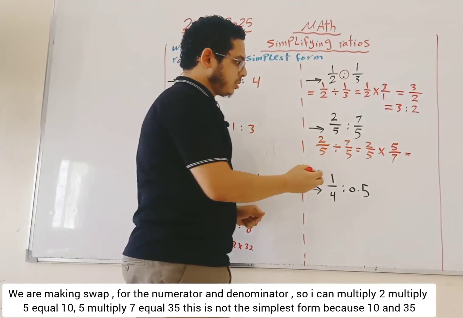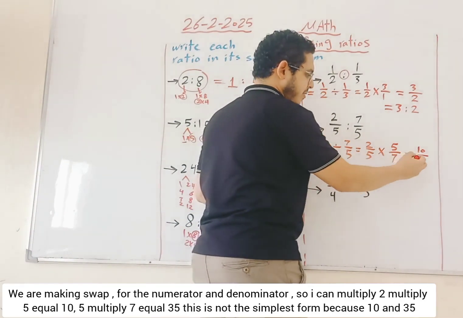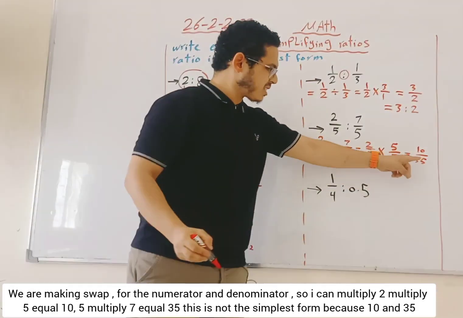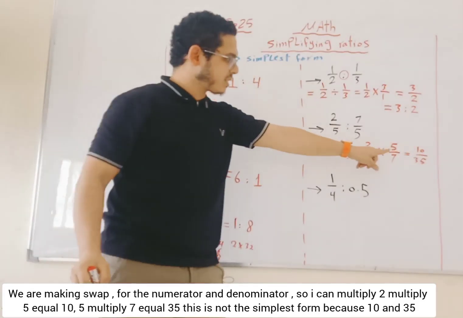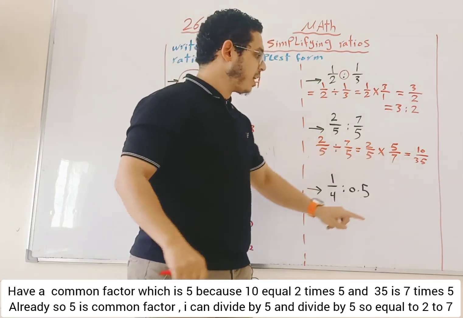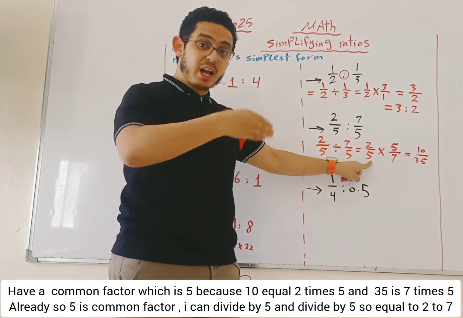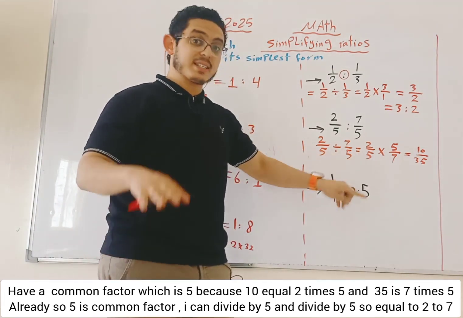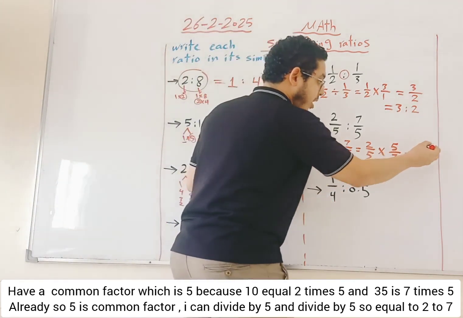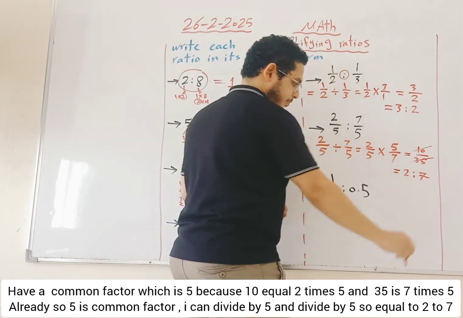So I can multiply 2 times 5 equals 10, 5 times 7 equals 35, but this is not the simplest form, because 10 and 35 have a common factor, which is 5, because 10 equals 2 times 5 and 35 is 7 times 5 already. So 5 is a common factor. I can divide both by 5, so it's 2 to 7.